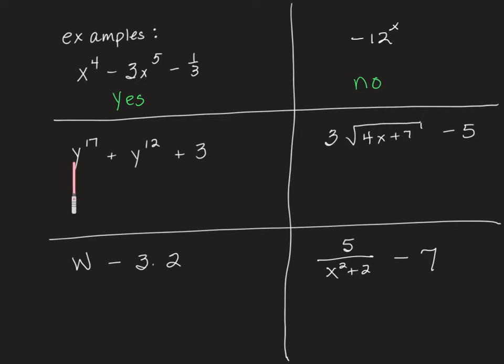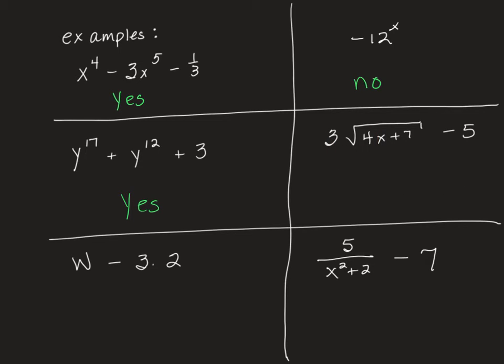If I come over here, I have y to the 17th plus y to the 12th plus 3. Again, no variable in my denominator, no variable under a radical. My exponents are all numbers. There are no fractions, no decimals, no variables. So yes, that is a polynomial. This one here, here's the problem.